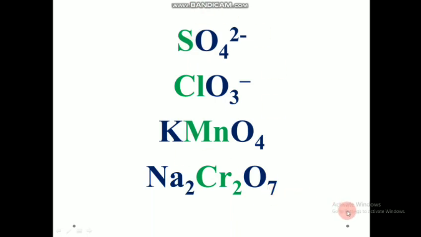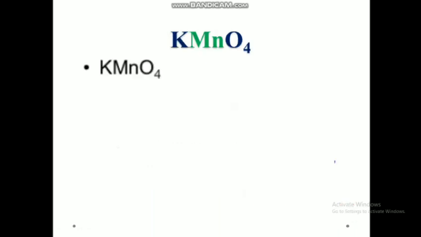We are thorough with the set of rules from yesterday. So first we are going to find the oxidation number of manganese in KMnO4. For that, what we need to know is the oxidation states of the other atoms in the compound. So if we want to find the oxidation number of manganese, we need an idea about the oxidation state of potassium and of oxygen.